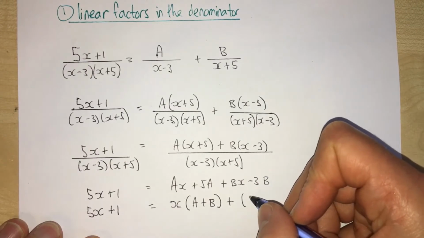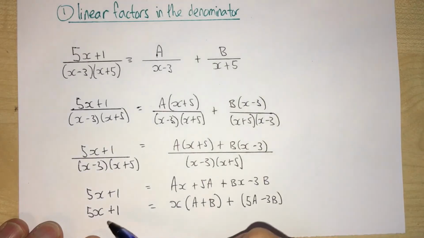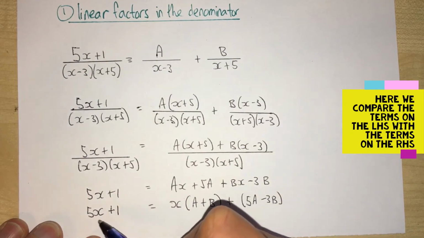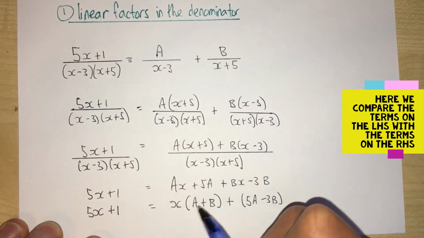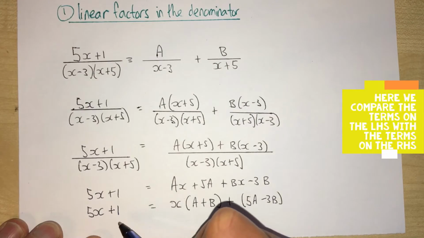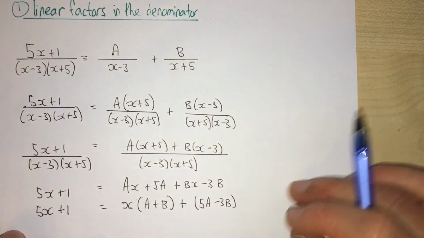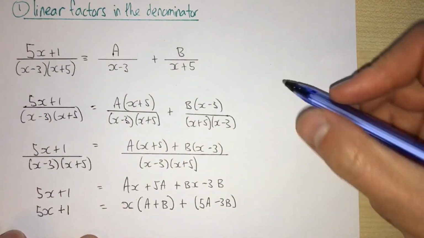And if I write it like this, 5a minus 3b, we can see how these parts compare. So a plus b must equal 5, because we've got 5x here and a plus b lots of x here, and 1 must equal 5a minus 3b. So we've got a pair of simultaneous equations to solve.